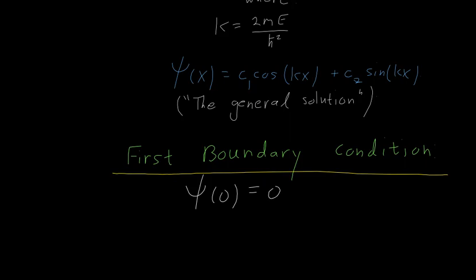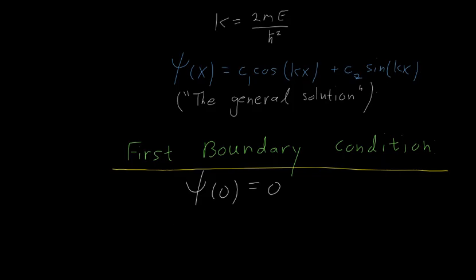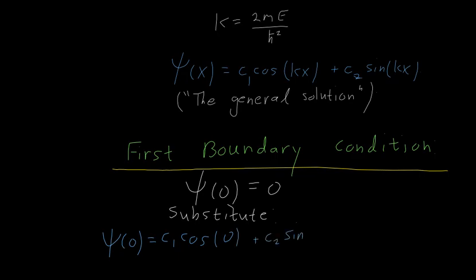I'm going to substitute C of 0 in. So we're going to have C of 0 is equal to C1 cosine of 0 plus C2 sine of 0.